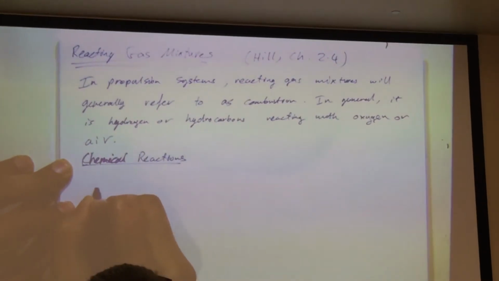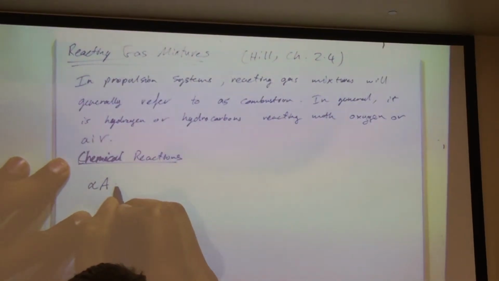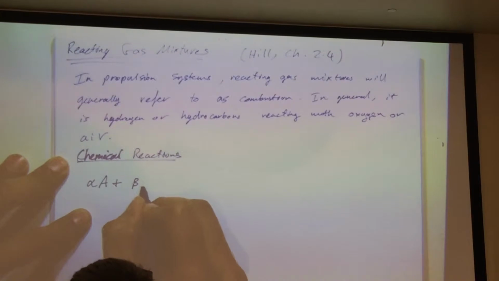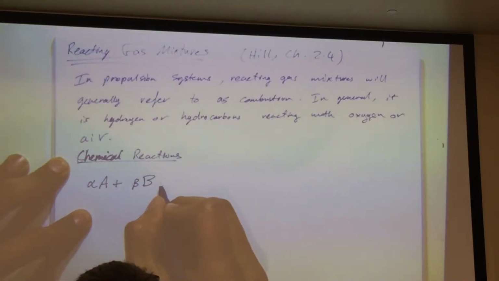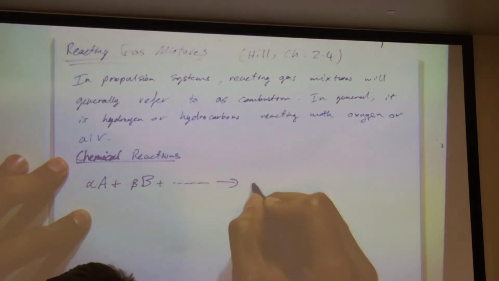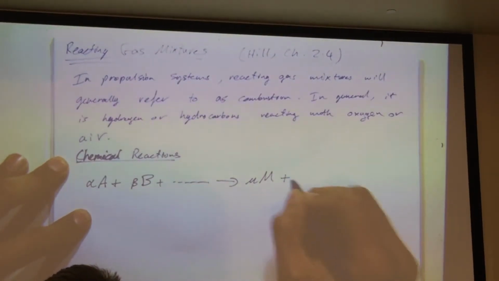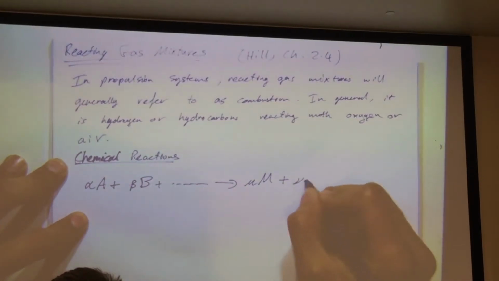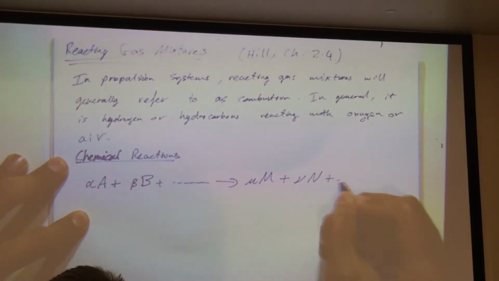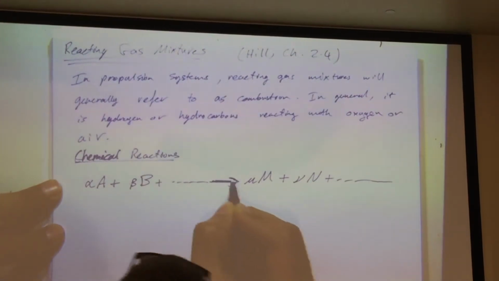So I have some coefficient multiplied by some composition of some sort, multiplied by a coefficient, multiplied by a composition of some sort, and so on. And then I get some products, coefficient multiplied by a composition, and a coefficient multiplied by composition, and then it goes further. So what do I do here?